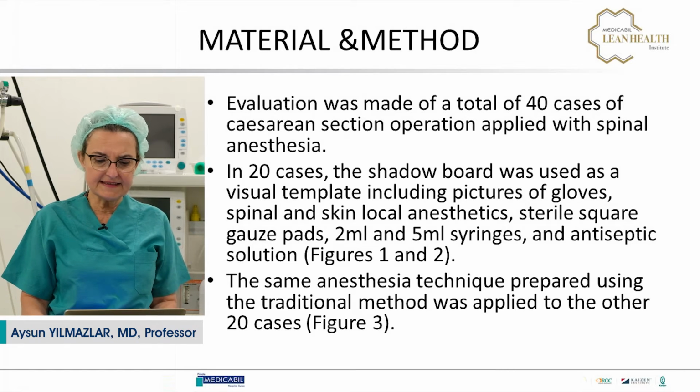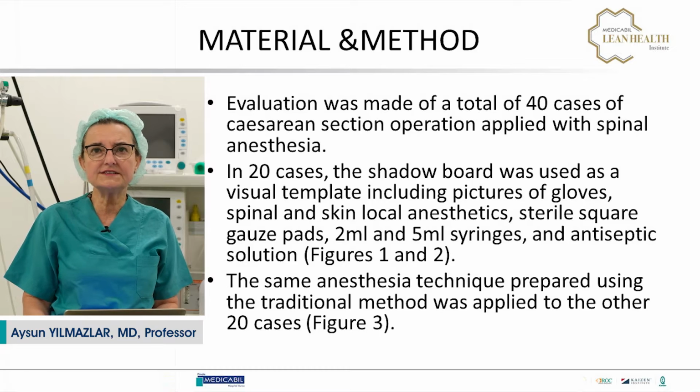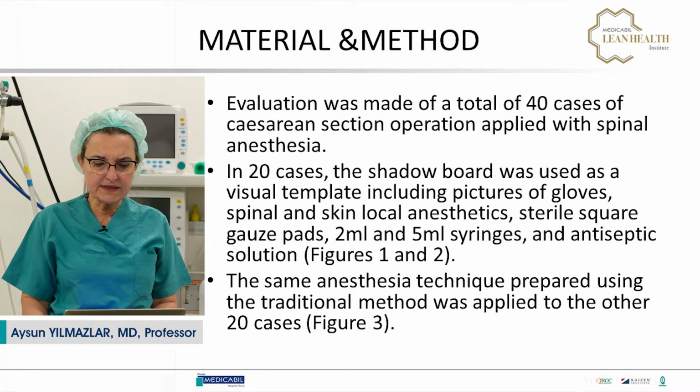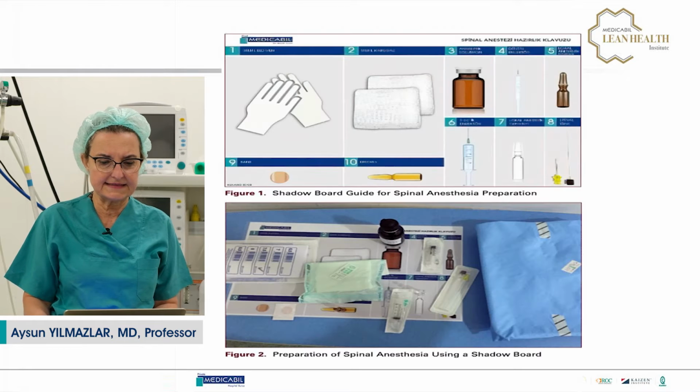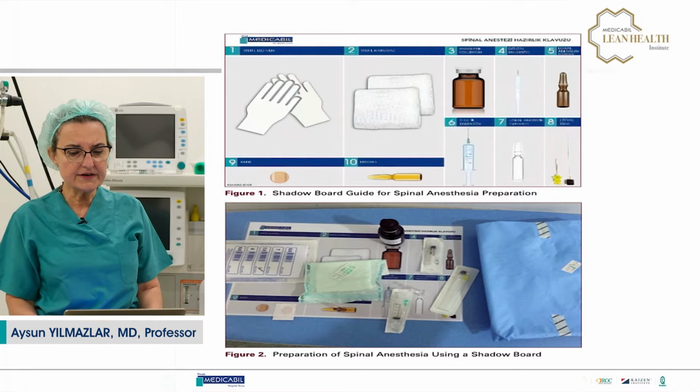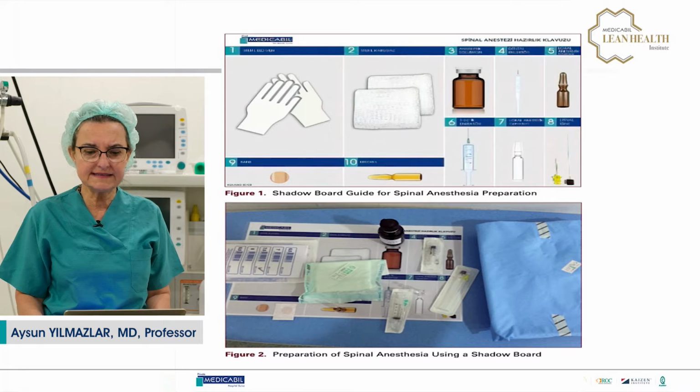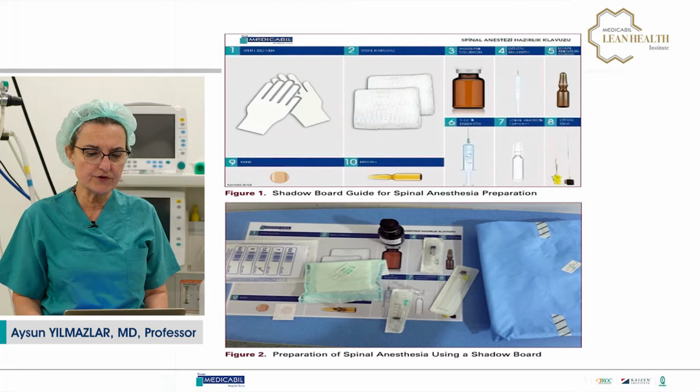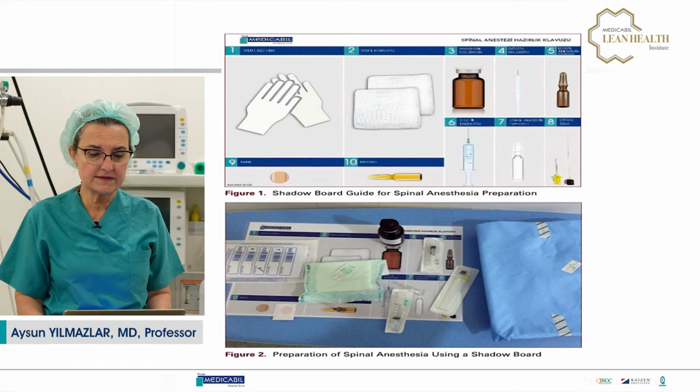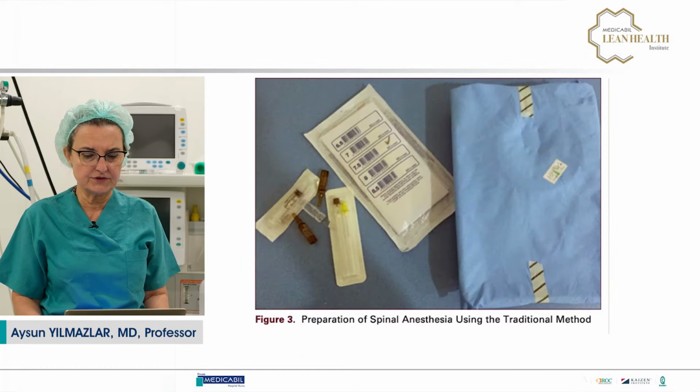The same anesthetic technique prepared using the traditional method was applied to the other 20 cesarean section cases. As you see here is spinal anesthesia preparation with the shadow board, and the other picture shows the traditional method for the preparation in spinal anesthesia.